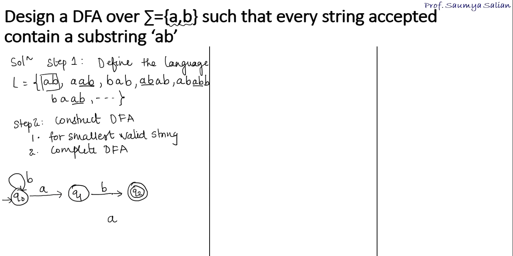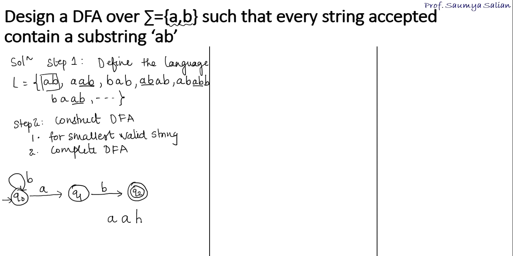Now Q1 has already responded to input B. It has to respond to A. If I get an A over here, which is an invalid string not present in the language, I know that transition of A should never reach final state, that is Q2 from Q1. But can I make it valid?